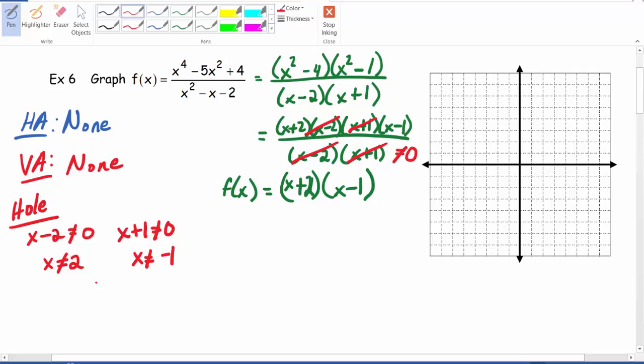Now, we have the x values, but we need to find the corresponding y values. We find those by plugging them into our simplified version of the original function.